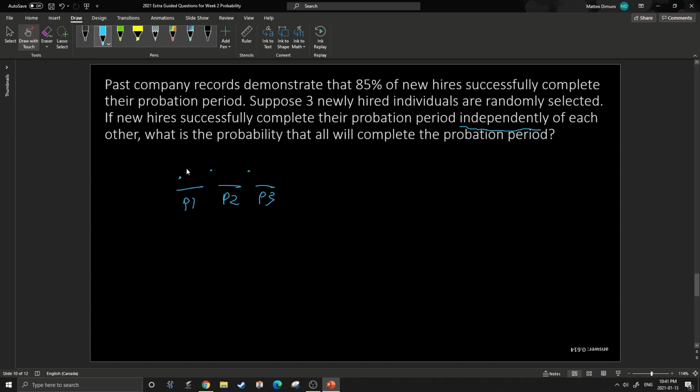So we're going to go 0.85 for the first guy times 0.85 for the next person, could be a girl, times 0.85 for the next person. Okay, multiply it together, you basically have 0.85 raised to the power of 3. When you type it in on your calculator, you'll get that answer down at the bottom.